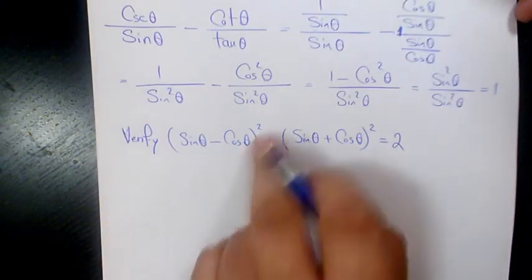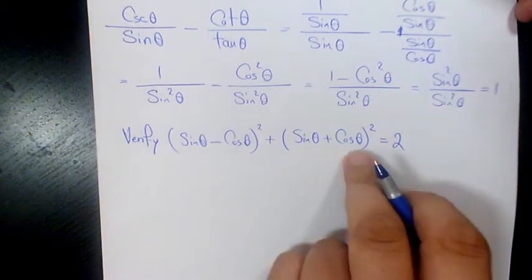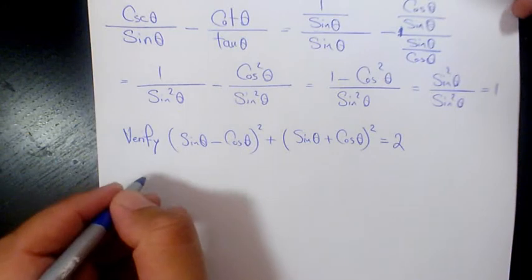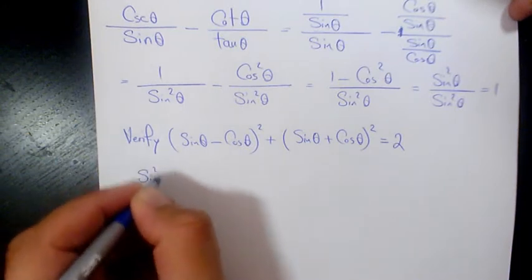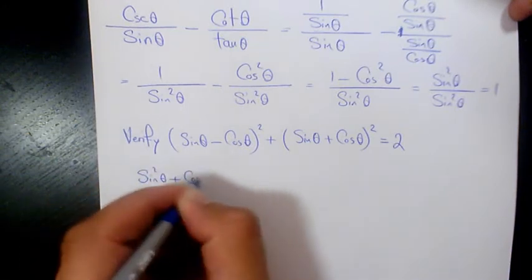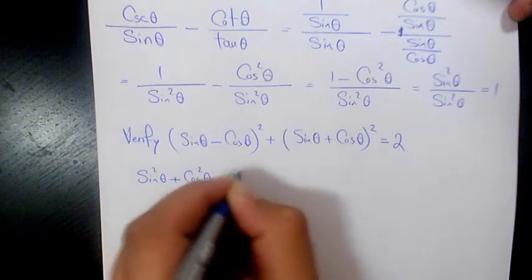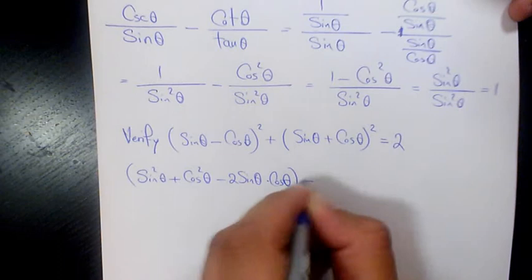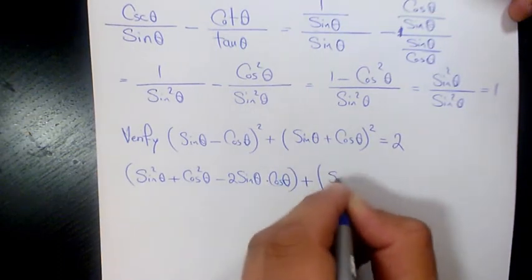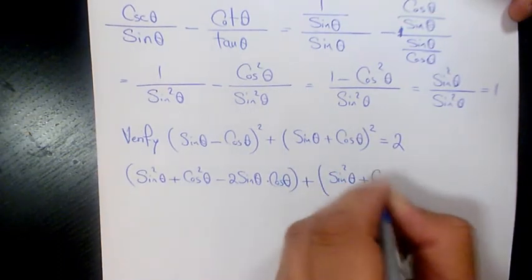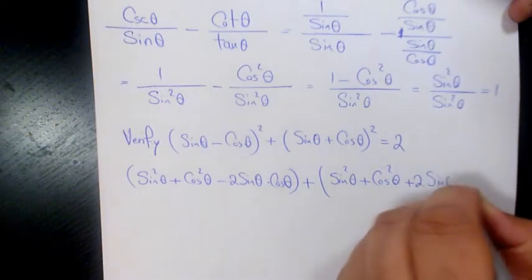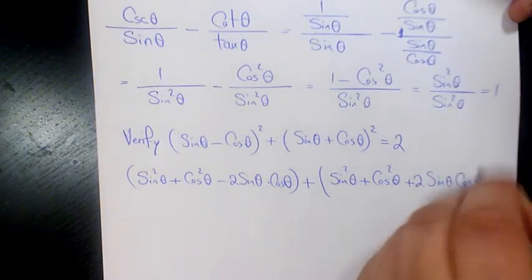Next example is sine theta minus cosine theta to the power of 2 plus sine theta plus cosine theta to the power of 2 equals 2. We need to expand this. The first one is going to be sine squared theta plus cosine squared theta minus 2 sine theta cosine theta, plus this one is going to be sine squared theta plus cosine squared theta plus 2 sine theta cosine theta.